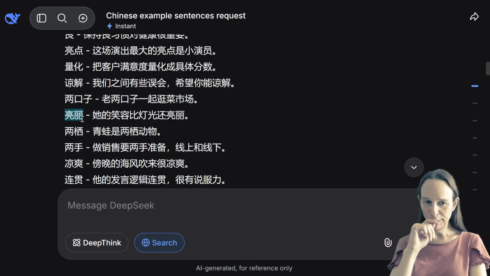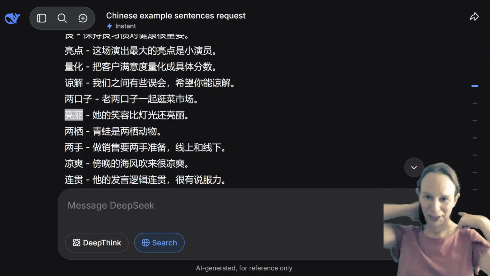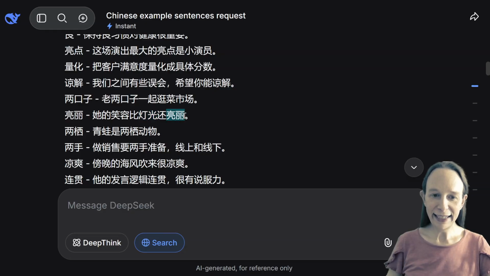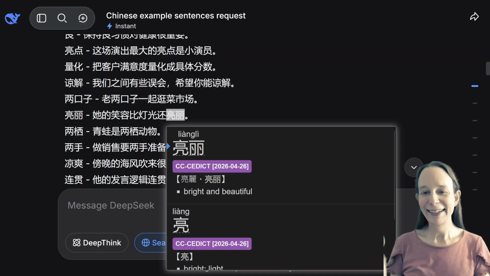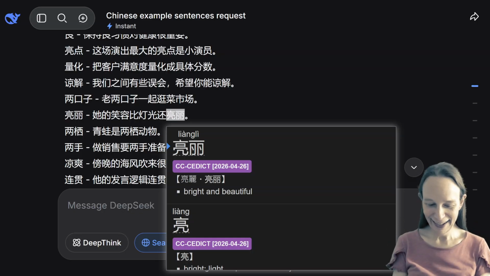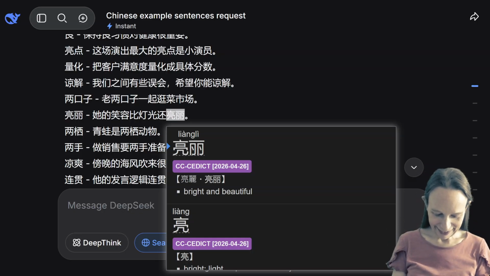靓丽. I don't know, it sounds bright and beautiful. Something mushing those adjectives together. 她的笑容比灯光还亮丽. Okay, so her smile is brighter than lamplight. All right. I was correct in the sense that you take those adjectives, mush them together, and that's it. 靓丽.